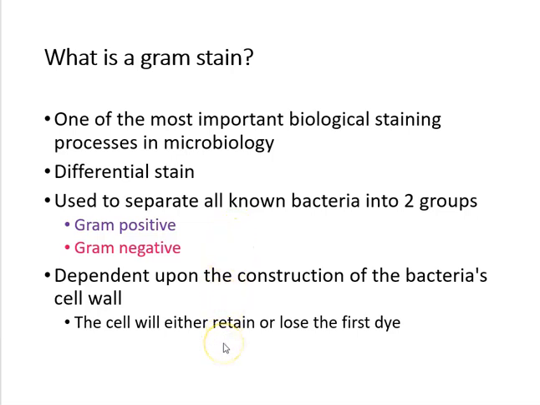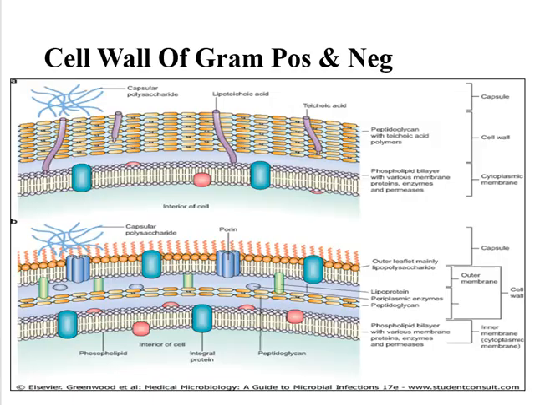And again, it's based on the cell wall and how it's constructed. We've gone through this in the lecture, but I want to really hone in, and I think you'll be able to see this better. So in the lecture, you found out that the difference with the Gram positives and the Gram negatives is the Gram positive have this thick layer of peptidoglycan, very thick, okay?